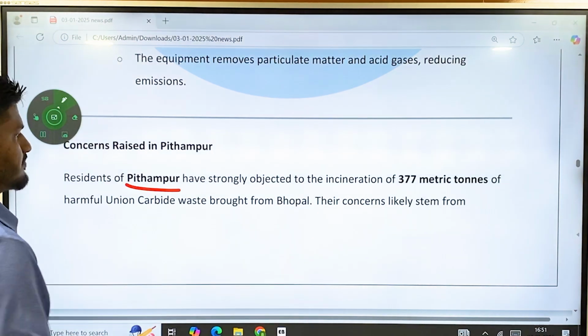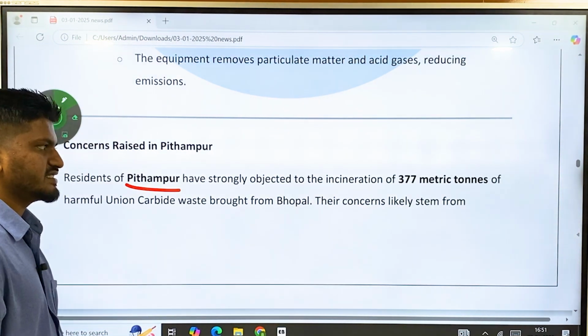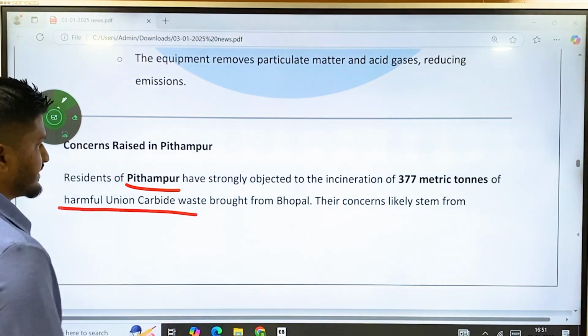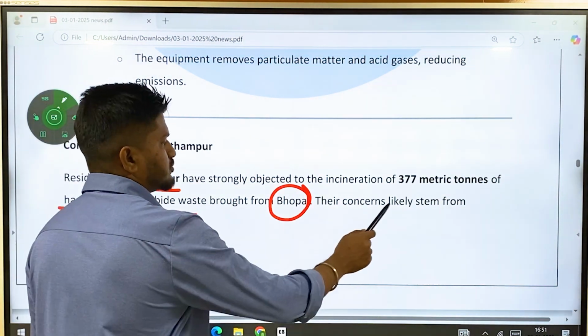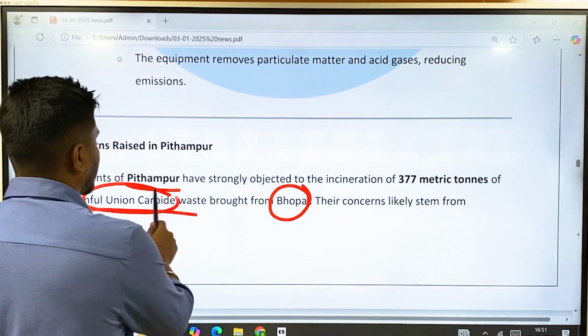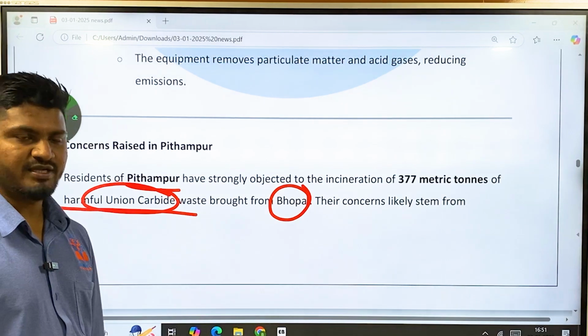The residents of Pitampur have strongly objected to the incineration of 377 metric tons of harmful Union Carbide waste brought from Bhopal. Okay, everyone must know about the Union Carbide gas leakage in Bhopal, which resulted in the deaths of many people.